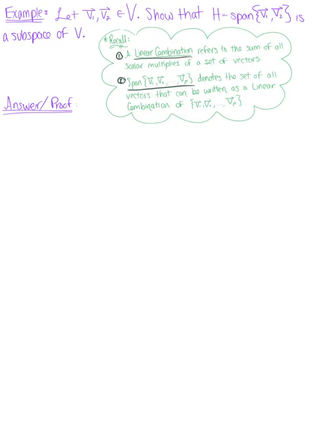So here we go. To get us started, we want to let vector v1 and vector v sub 2 be two elements in the vector space V. So we'll make a little love note here to ourselves that capital V is our vector space.